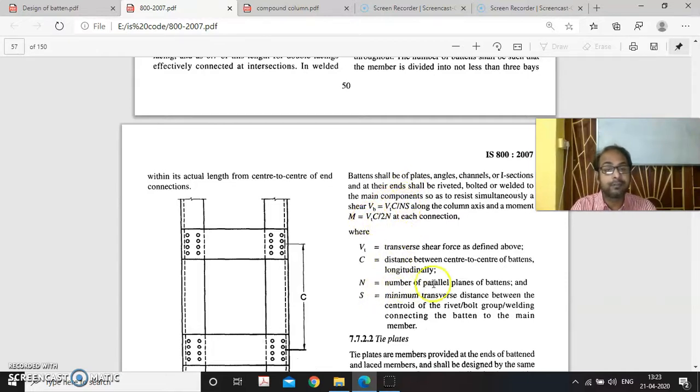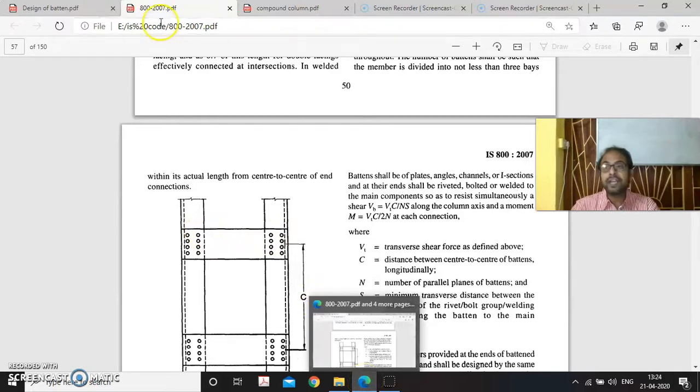N is the number of parallel plates of the batten. So we have two parallel plates. Battens are provided on either side of the column, on the front side and also on the back side. C is the minimum transverse distance between the centroids of the riveted or bolted group. So the CG of the bolted group, the CG of the last bolt, we have to take that center to center distance.